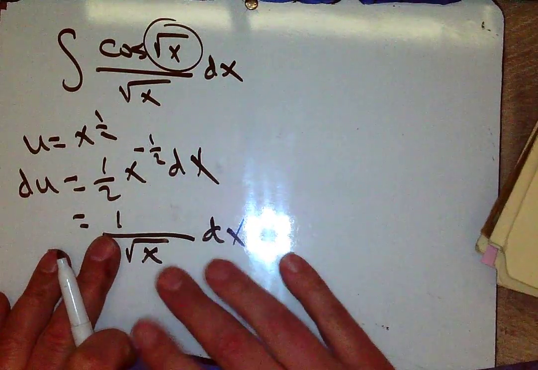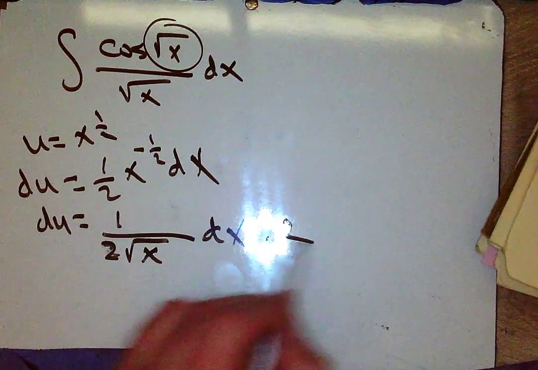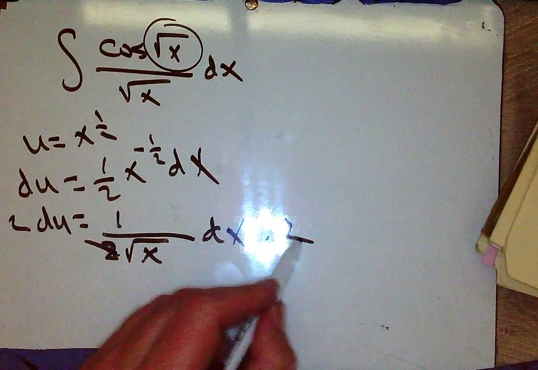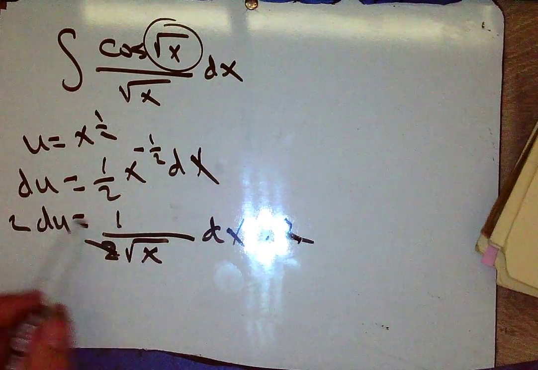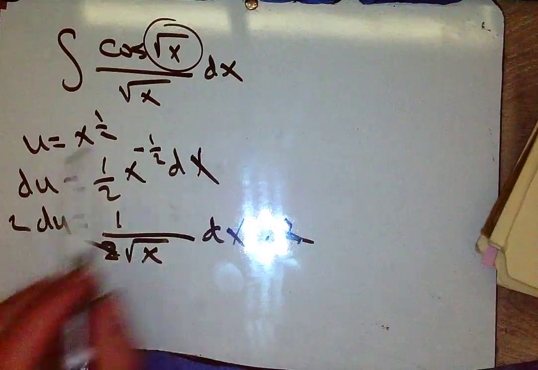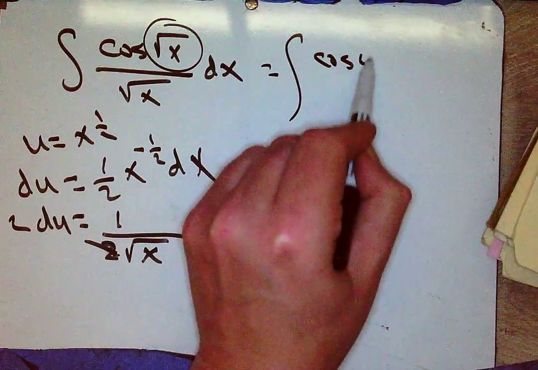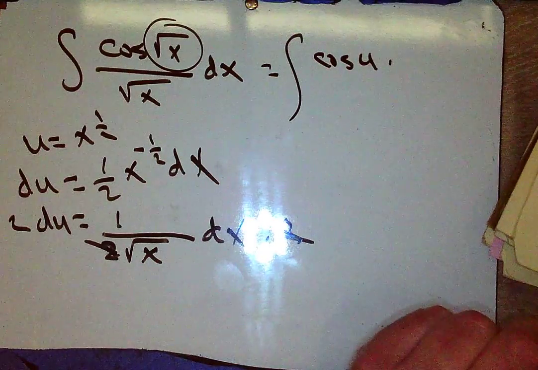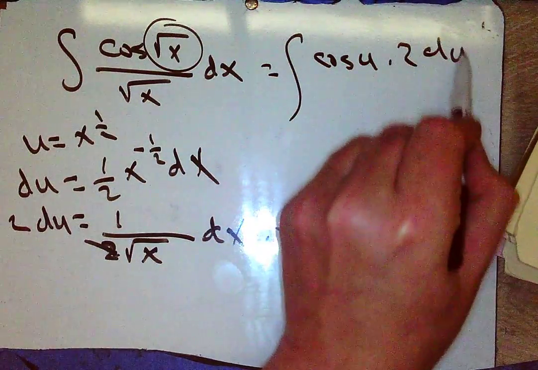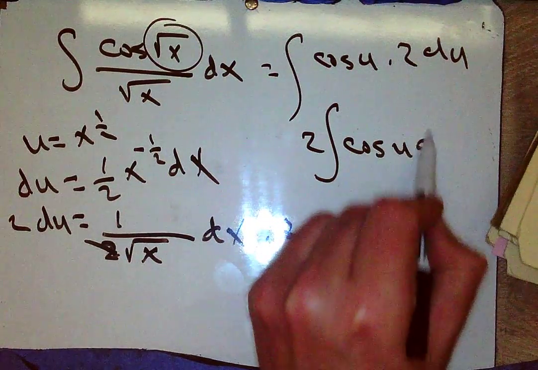Now, I really want this by itself, so even though there's that 2 here, I want to multiply both sides by 2. So, all of this can be replaced with 2 du. So now I'm going to have cosine u times 2 du, or 2 integral cosine u du.